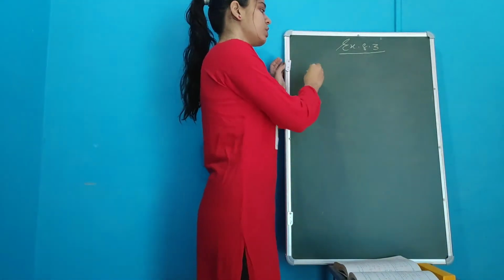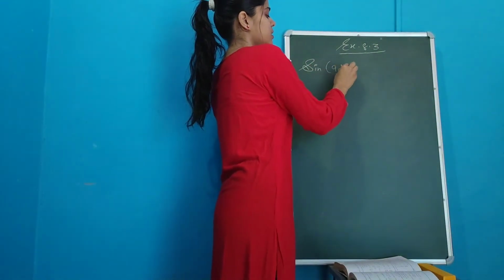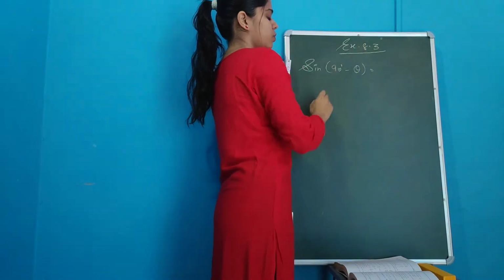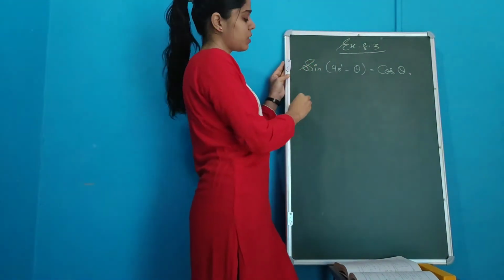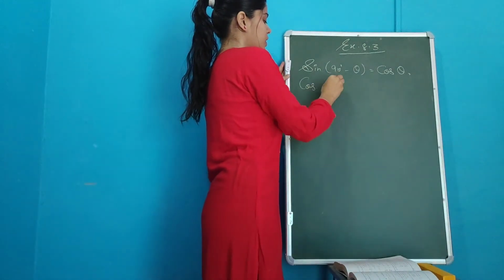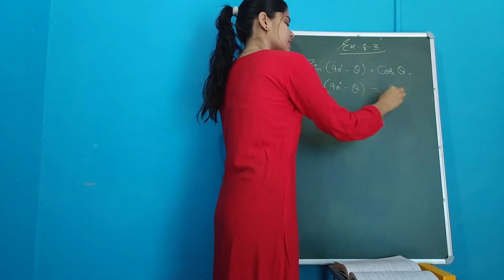Okay, so the interconversions: sine of 90 minus theta will become cos theta. Cos of 90 degrees minus theta will become sin theta.